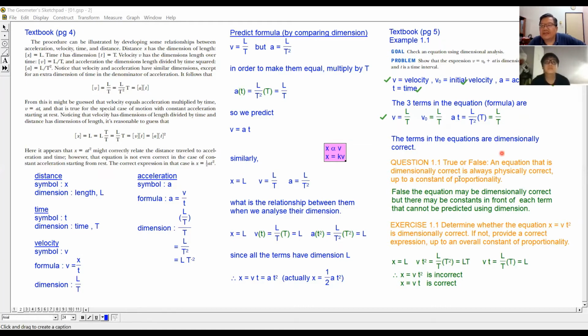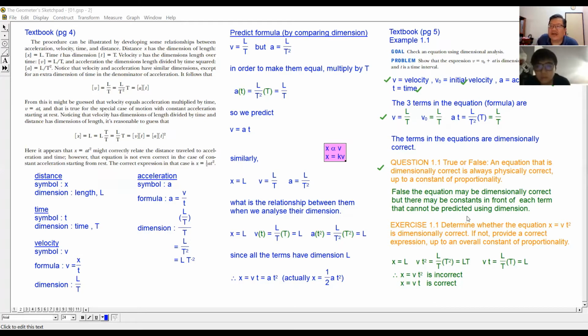Okay. Then the next question. They ask you true or false: an equation that is dimensionally correct is always physically correct up to a constant of proportionality.